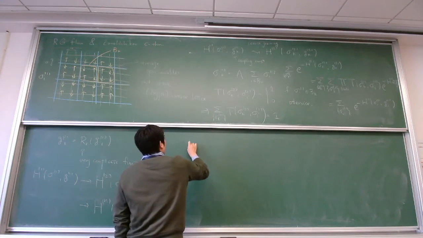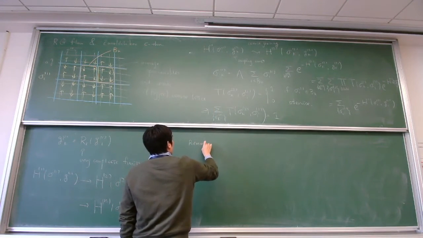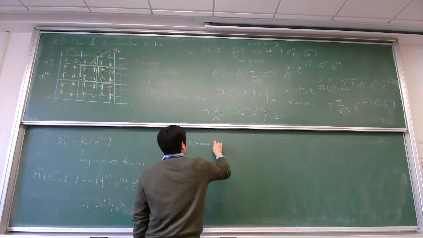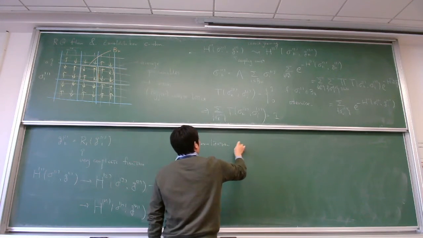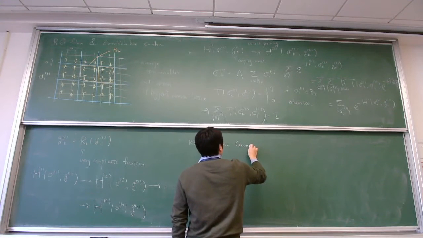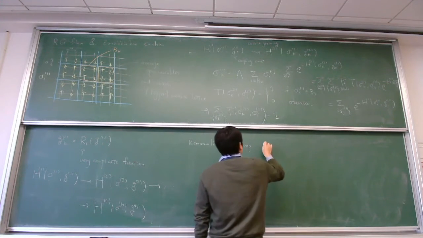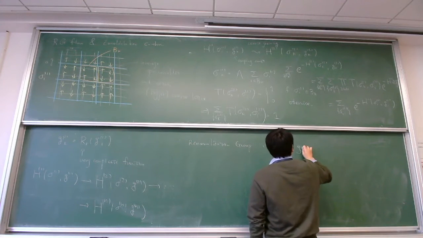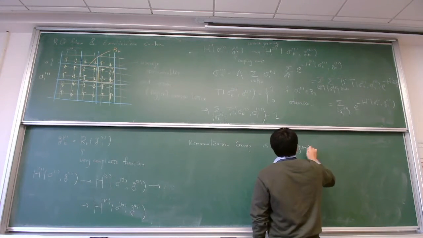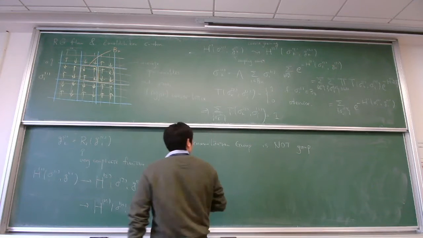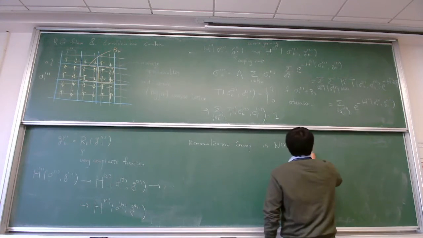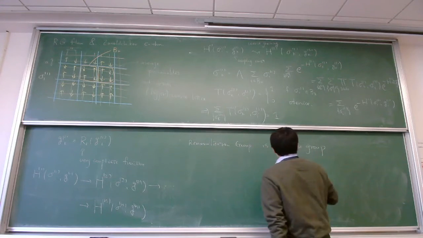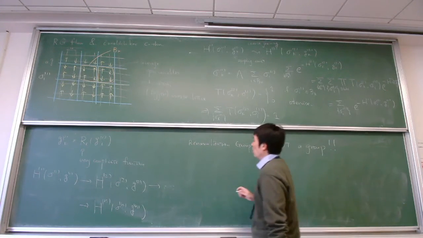So renormalization group is not a good name, because it is not a group. So that's the first caution.